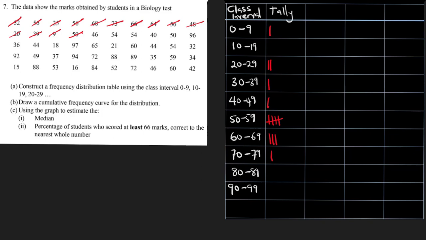Cross it, it's up to 5, right? 97. 65. 21.